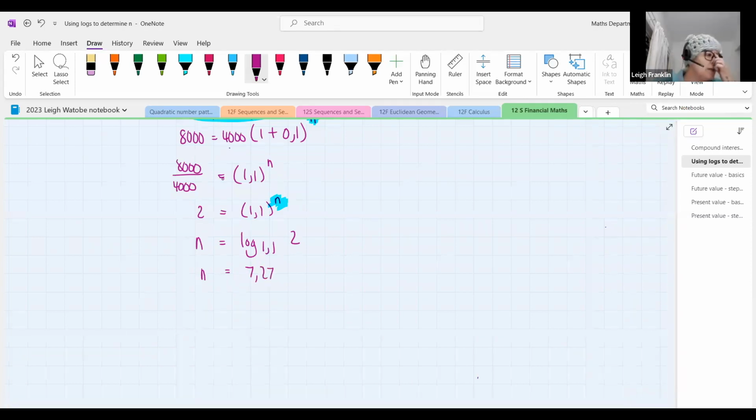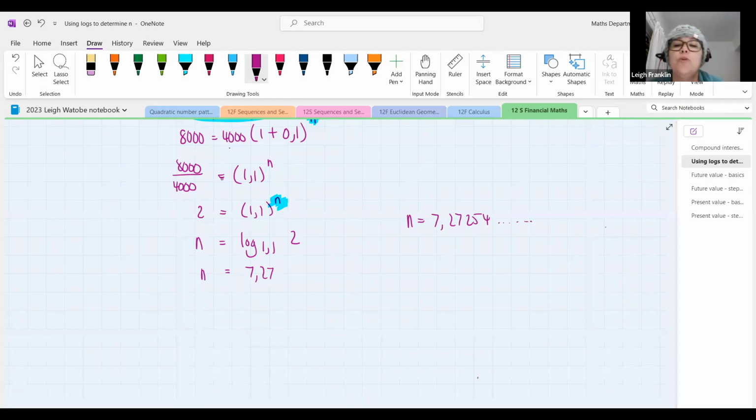If you're at school, they might say to you, convert this to years and months. It doesn't generally get asked that way. Normally they would just accept your answer like that. If they did want years and months, what you can do is just work with the decimal. So if you've got this on your calculator, n equals 7,27254.